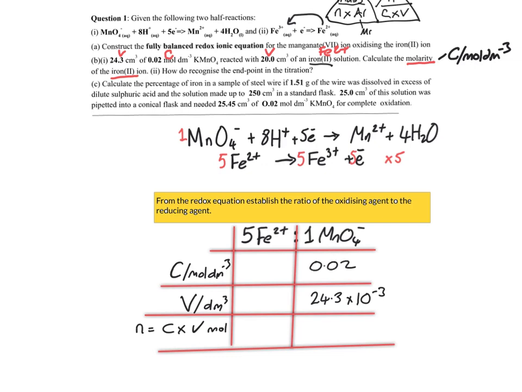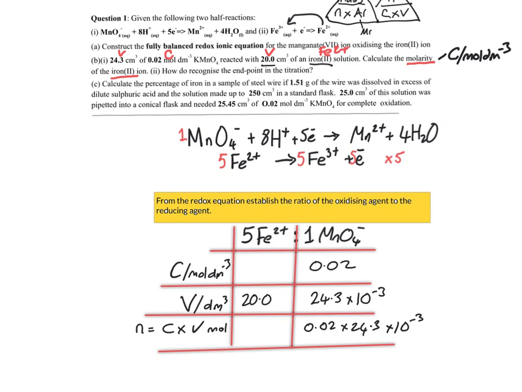We've also been given the volume of the iron 2 solution, which is 20 centimetres cubed. With that information, we've got 2 out of 3, and therefore we can now work out the amount. Don't forget to tell the examiner what you've done there. The amount is the concentration times the volume. So that's 0.02 times 24.3 times 10 to the minus 3.